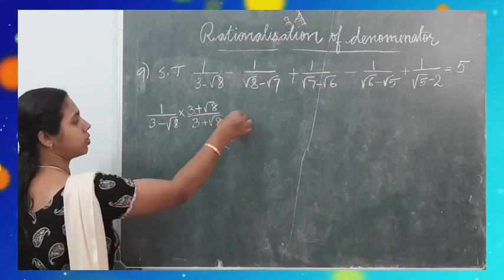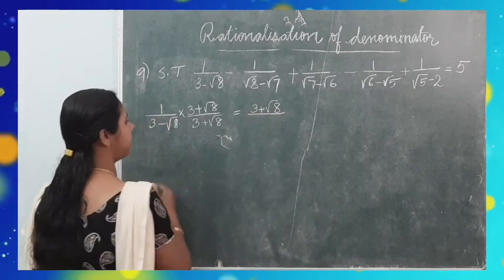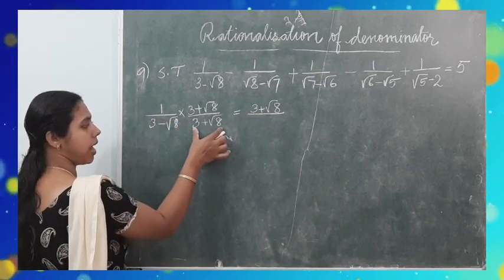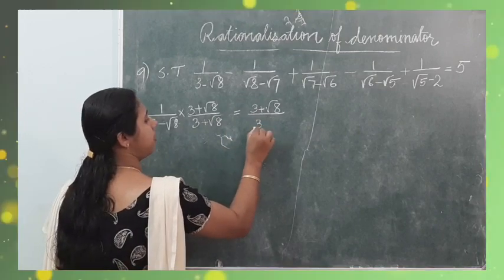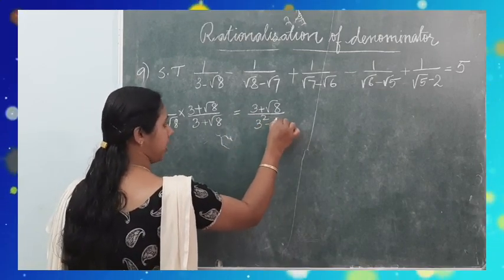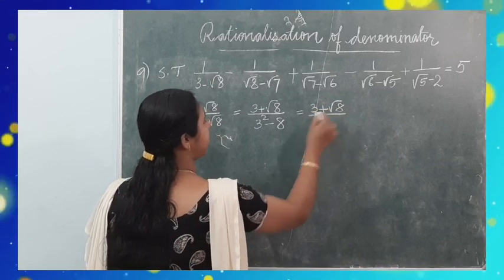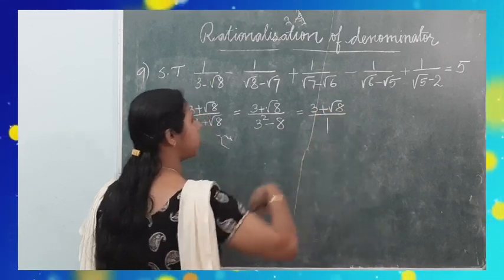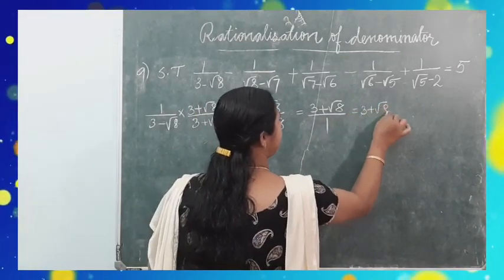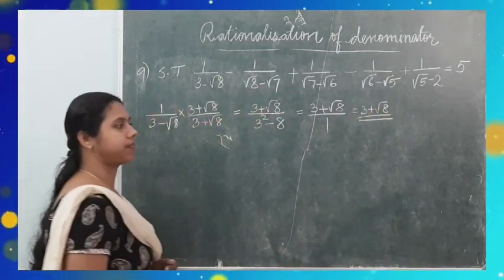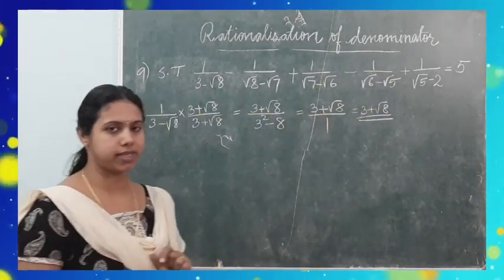Using a plus b into a minus b is equal to a square minus b square, we get 3 plus root 8 divided by 9 minus 8, which is 1. That is equal to 3 plus root 8. Same way, each one you have to rationalize.